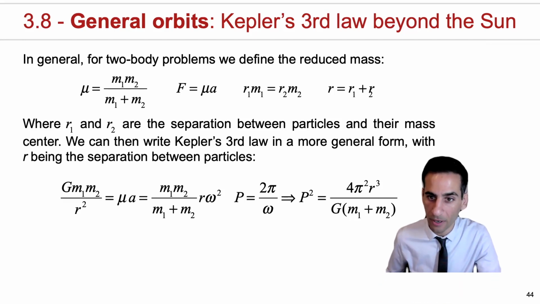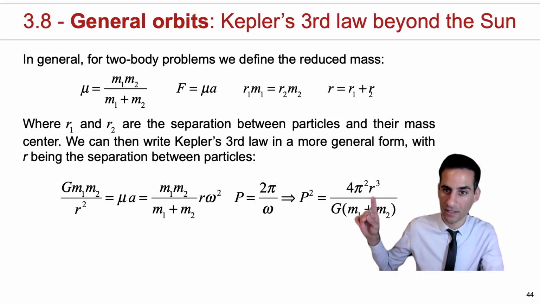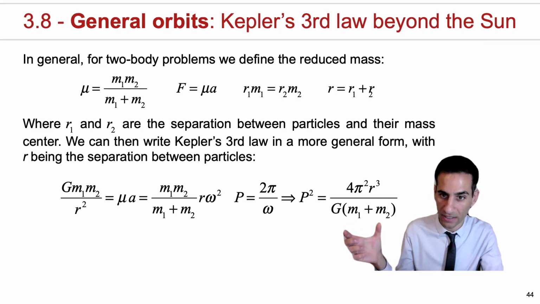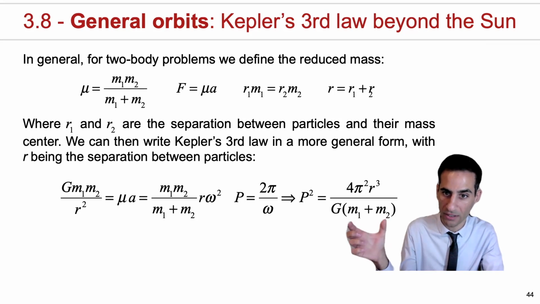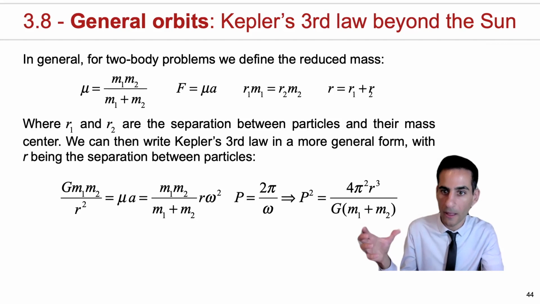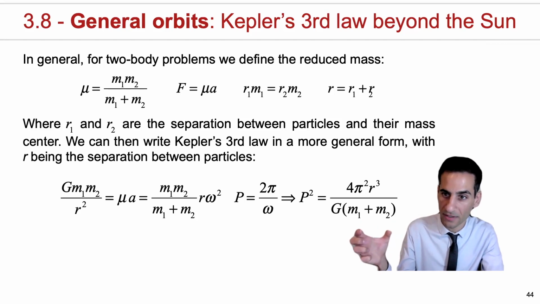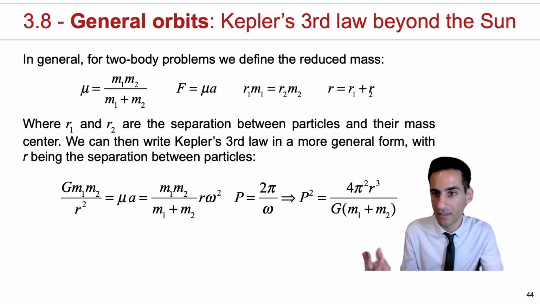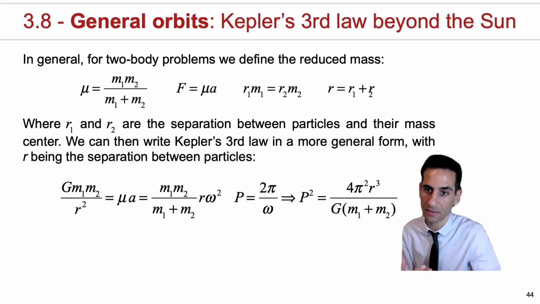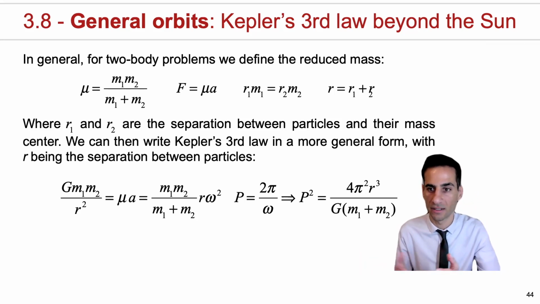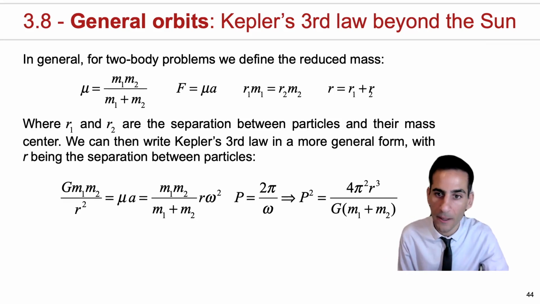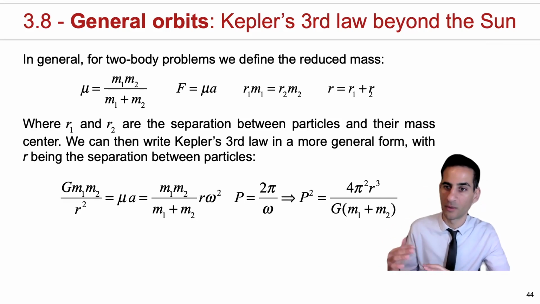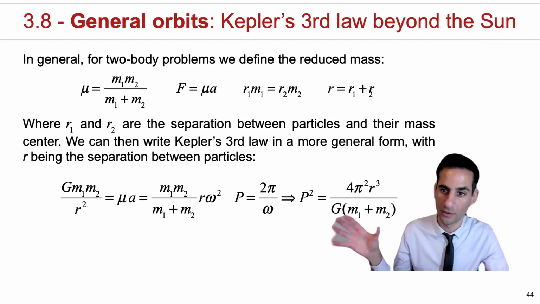If we keep r, but understanding that r is actually the sum of r1 plus r2, and understanding that what we want for Kepler's third law in a general way is not to use just the mass of the sun, but the sum of the masses that are interacting. You can very easily get just the mass of the sun if you consider something like the Earth and the sun, because the sum is pretty much just the mass of the sun.